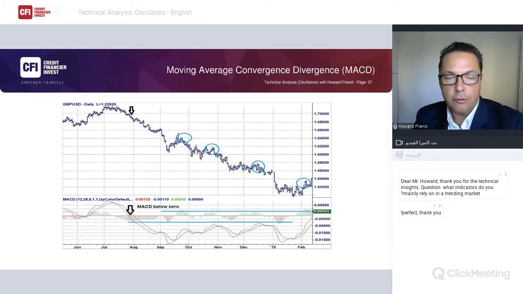And what you've got here is this MACD histogram, where you've got the difference between the MACD line and the signal line, in other words, these two lines. So when the MACD is above or below the signal line by a certain level, that gives you a kind of extreme overbought, oversold situation, even in a downtrend.